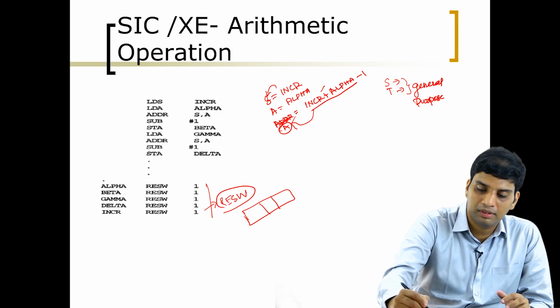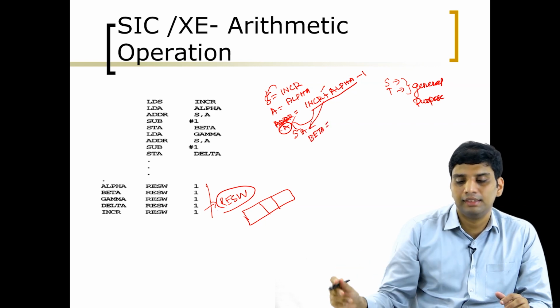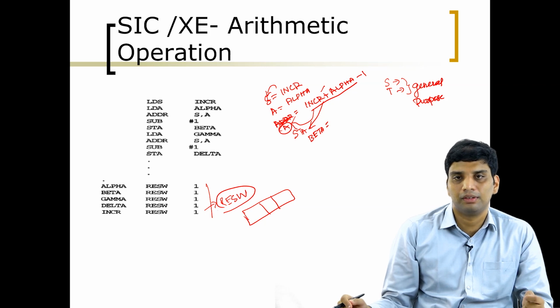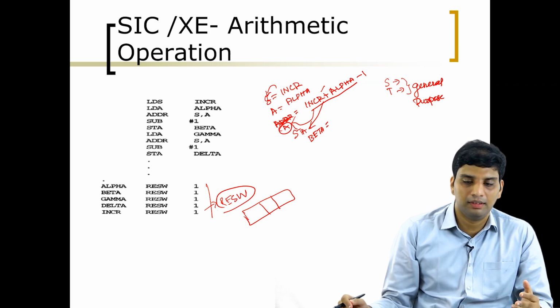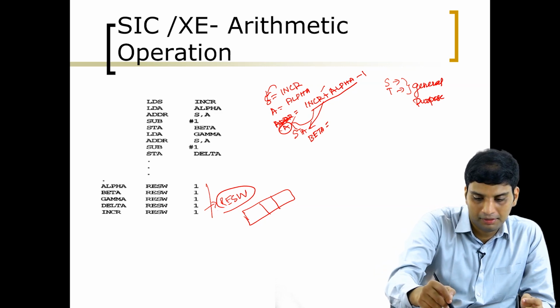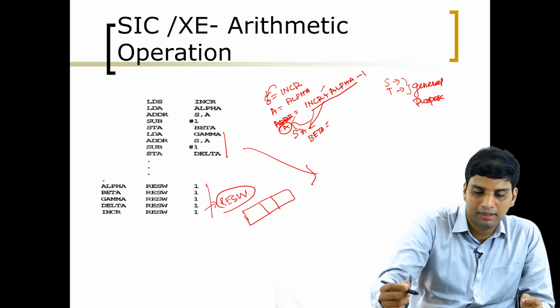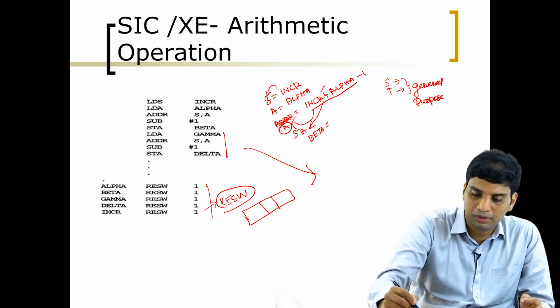Then STA beta, that is, store all this content in beta. Beta will contain, now beta is equal to INCR plus alpha minus 1. This is how this operation takes place. We will see the last 4 lines again. See, the last 4 lines work like this. First one is LDA gamma. So the accumulator now contains gamma.